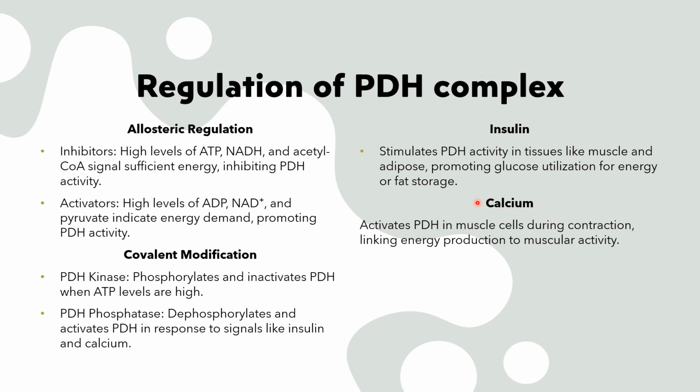So calcium plays a very big role in muscle contractility, especially skeletal muscle contractility. And we see calcium activates the pyruvate dehydrogenase complex in muscle cells during contraction. And during contraction, we know that we have a high demand for ATP. And so it fits the story when calcium activates pyruvate dehydrogenase, which is involved in formation of ATP.